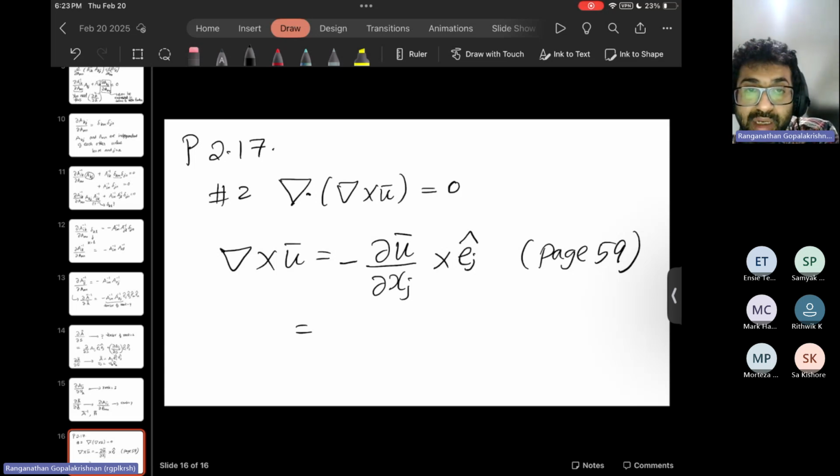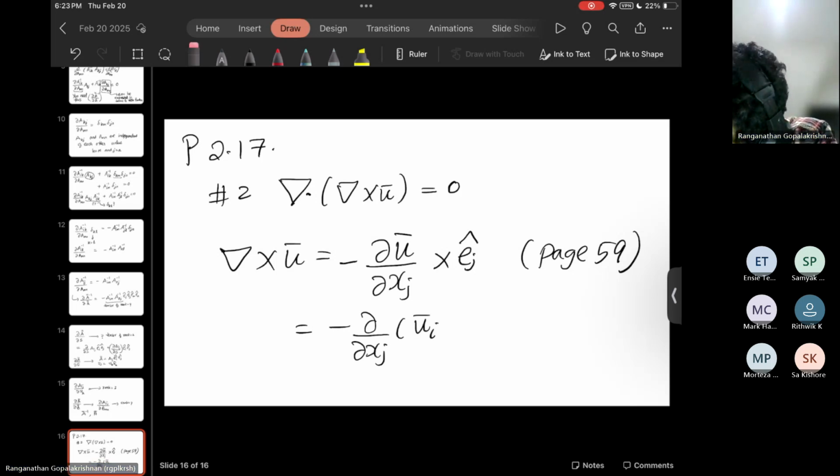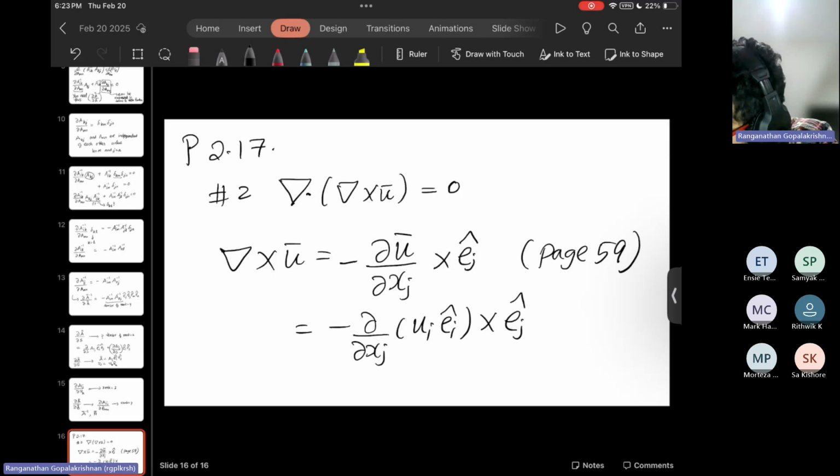So this is nothing but if I write u as partial over partial xj of ui ei, cross ej. This is minus partial derivative of ui with respect to xj, ei cross ej.